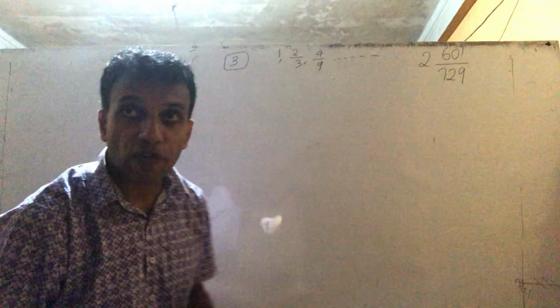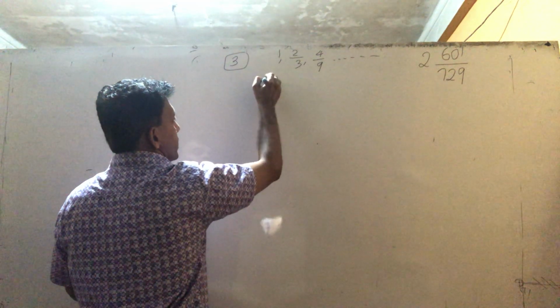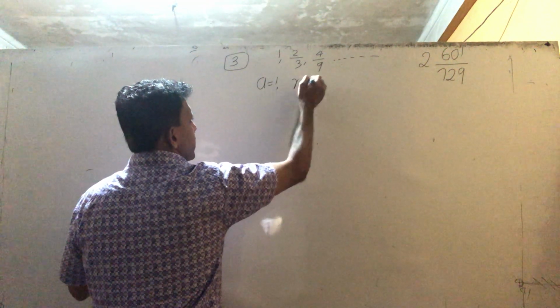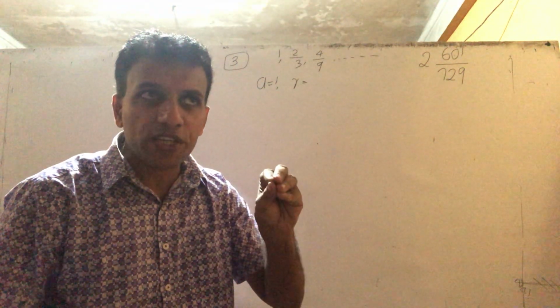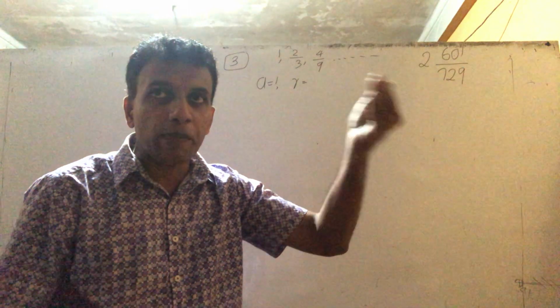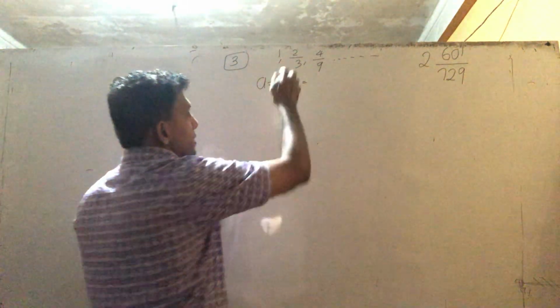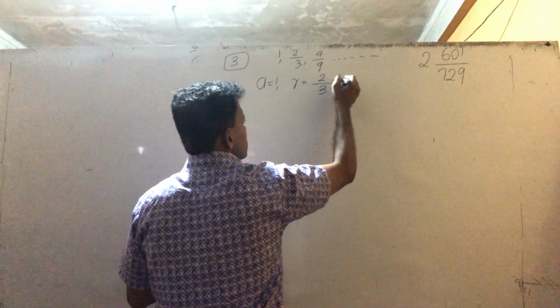Here, very first, we write the first term and the common ratio. Here a equals 1. What is the common ratio? To find the common ratio, divide the second term by the first, or the third term by the second. I take the second term divided by the first.